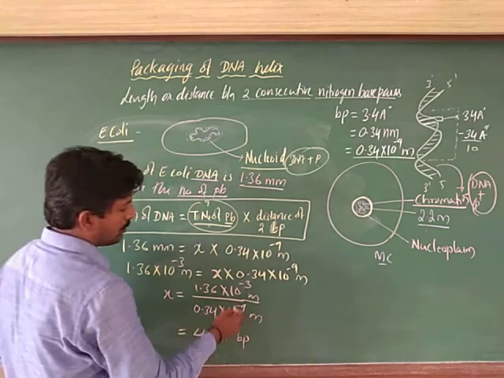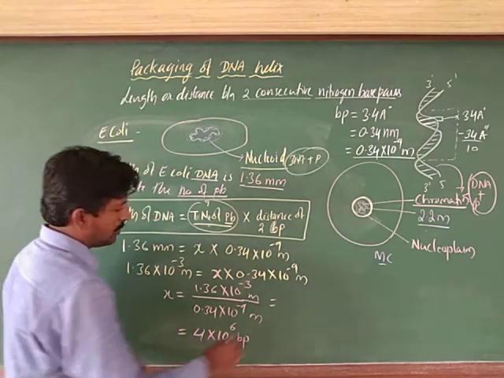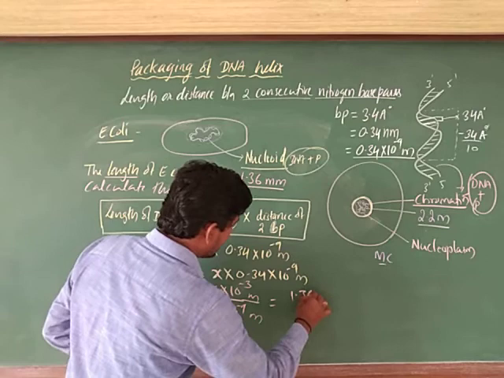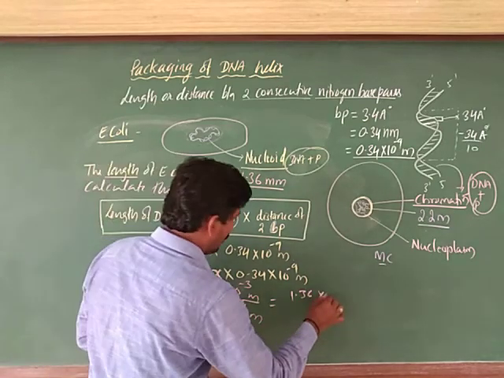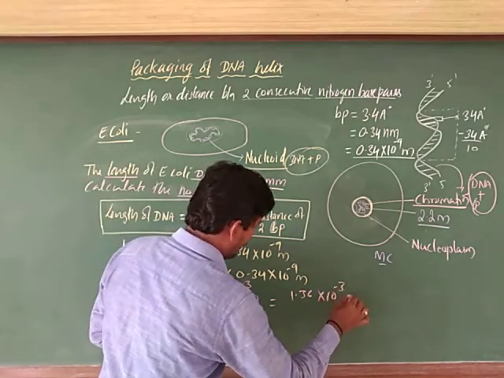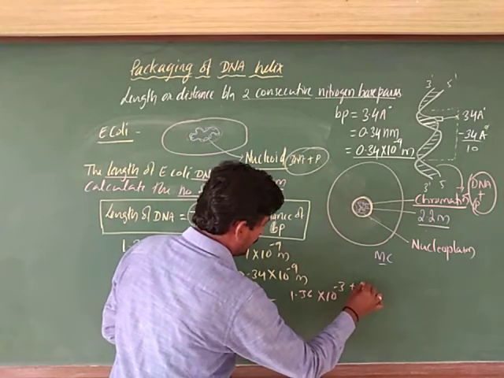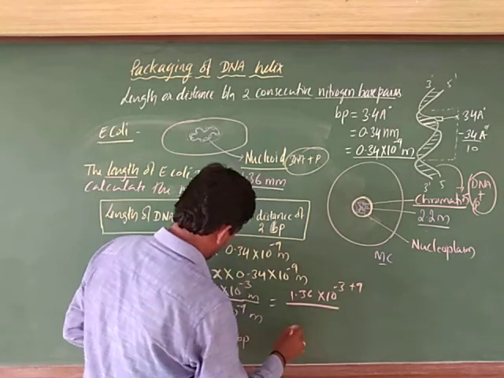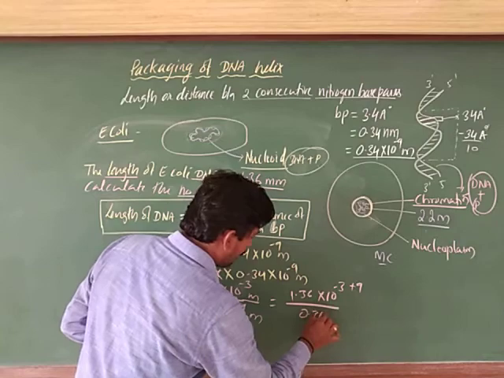Another step you can write is 1.36 into 10 raised to minus 3, which becomes plus 9 divided by 0.34.